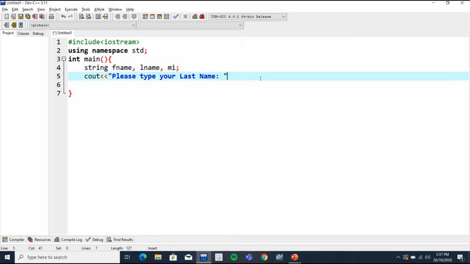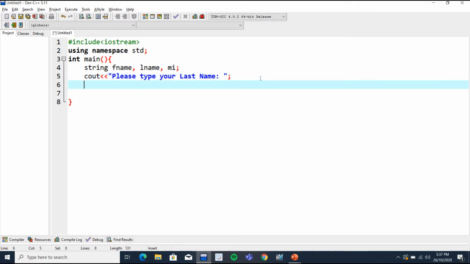And then, kunin po natin or magkakaroon tayo ng console input para ma-input po ng user ang kanyang last name. So, cin, and then, L name.